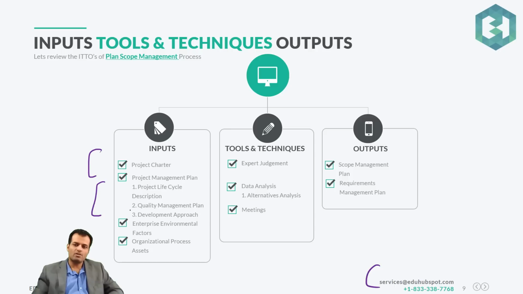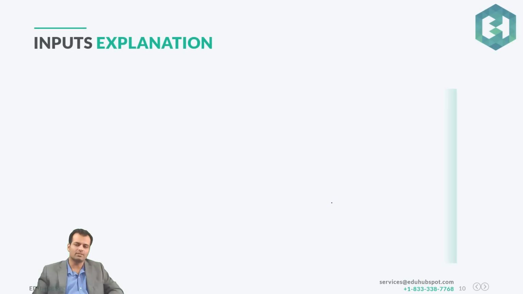Then if we talk about the project management plan, we will have the project lifecycle description, quality management plan, and the development approach. We'll be discussing this on the next slide. We will have our common inputs, which is the EFOPA. Tools and outputs, let's discuss on the following slides as well.